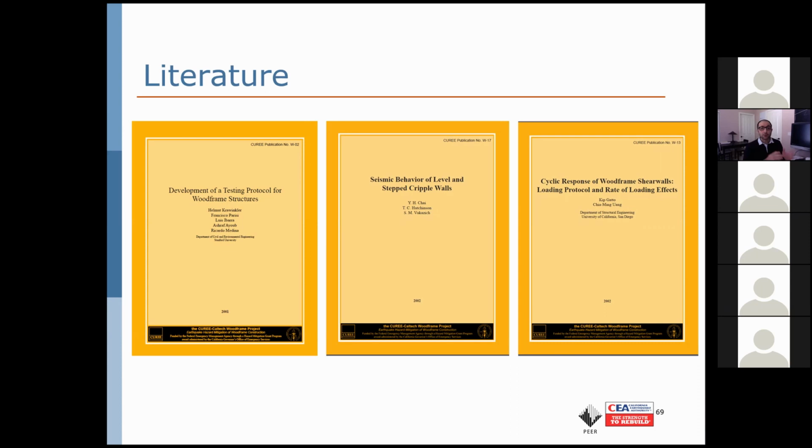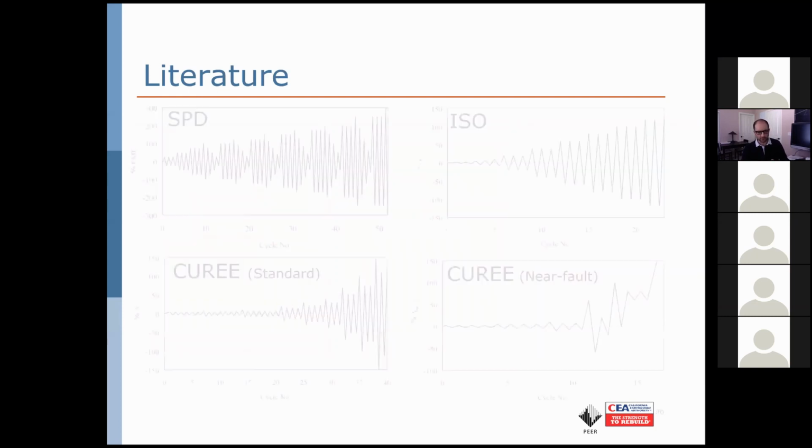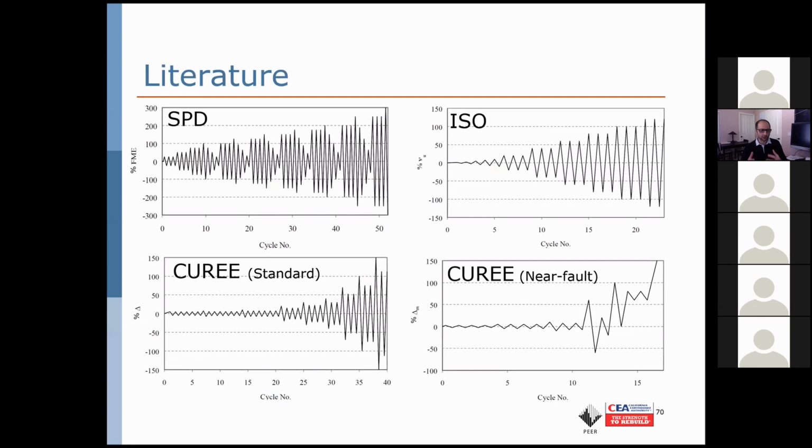This loading protocol was used by Chai, Hutchinson, and co-workers at Davis to look into the behavior of cripple walls. And the work that Chaoming Yuan did with Gatto looked into the sensitivity of the behavior of wood frame components to different aspects of loading protocols.